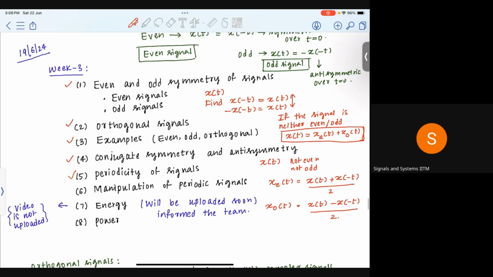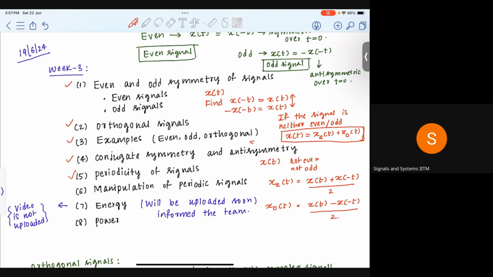Okay. So weekly, there are the following topics. We discussed several properties of the signals like the even symmetry, odd symmetry, what are even signals, odd signals, and then we also saw what orthogonal signals are, right? And we have seen several examples with respect to even, odd, orthogonal signals.